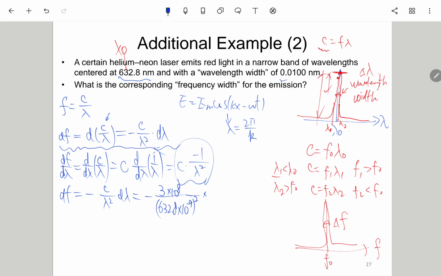D lambda is this wavelength width, okay, will be 0.01 times 10 to negative 9th. Okay, so it corresponds to 7.49 gigahertz. 7.49 gigahertz.